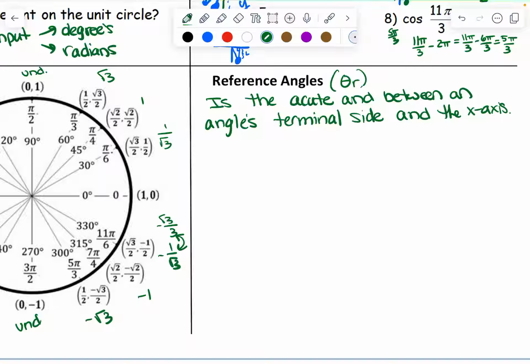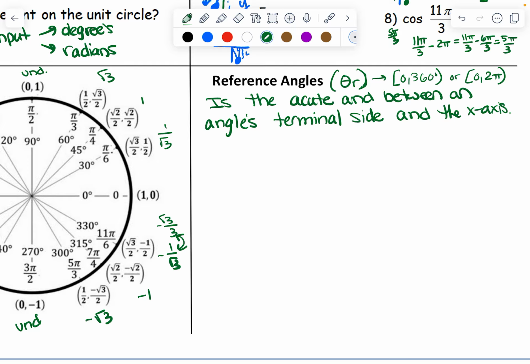And in order to find a reference angle, you want to work within the restriction from 0 to 360 degrees or 0 to 2 pi. I'm not including the 360 because it's the same as 0, and I'm not including the 2 pi because it's the same as 0 pi.